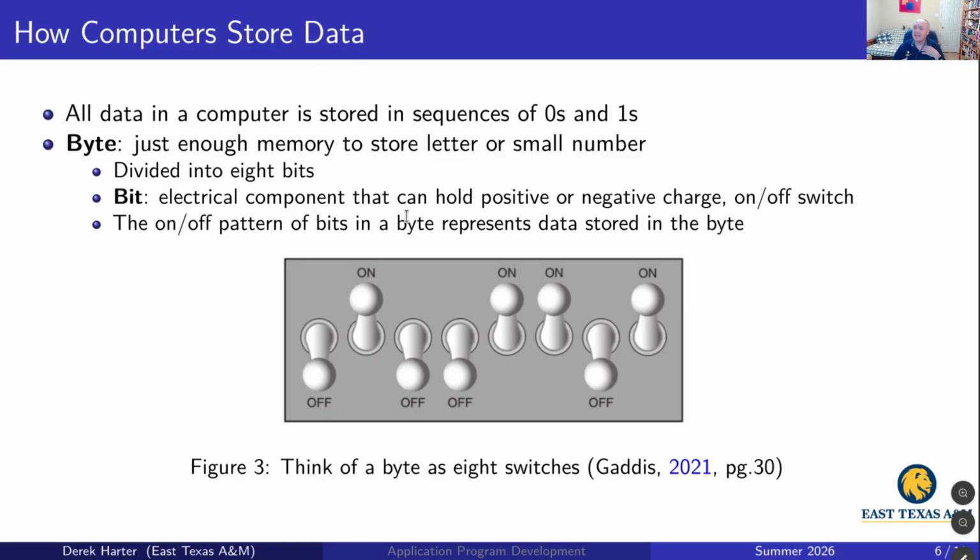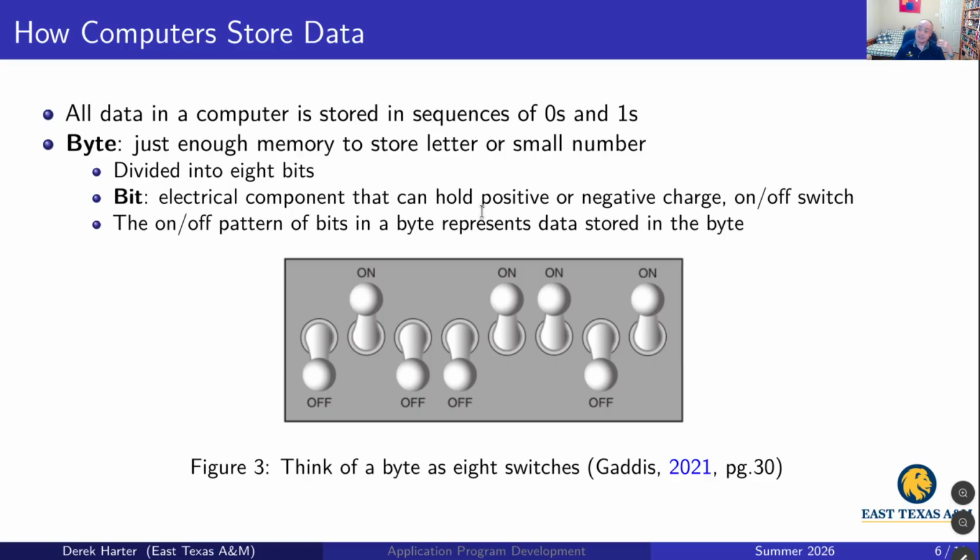Okay, so all data in a computer is really just a sequence of zeros and ones, all right? So a byte is a fundamental size of data that we use in a computer. It's just big enough to store a single letter or a single small number. So a byte is really just a grouping of 8 bits, okay?